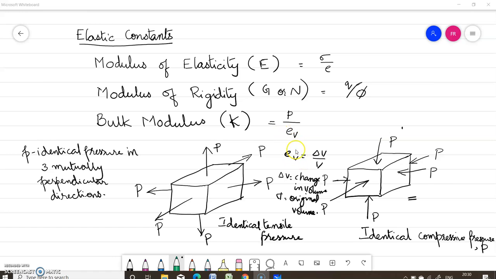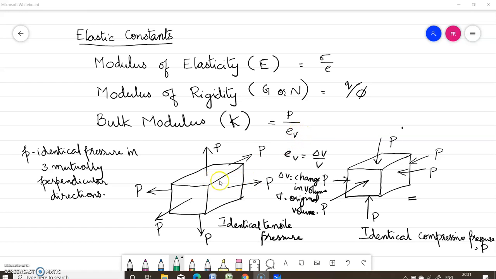Now you know what is volumetric strain. It is change in volume by original volume. Okay. So how can you define bulk modulus? As the ratio of identical pressure P acting in three mutually perpendicular directions to the corresponding volumetric strain.